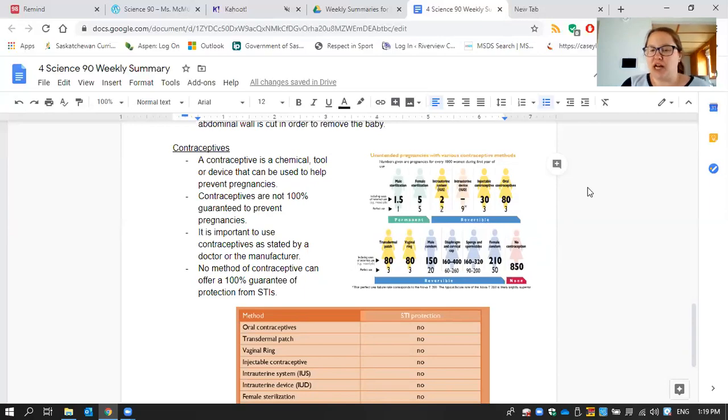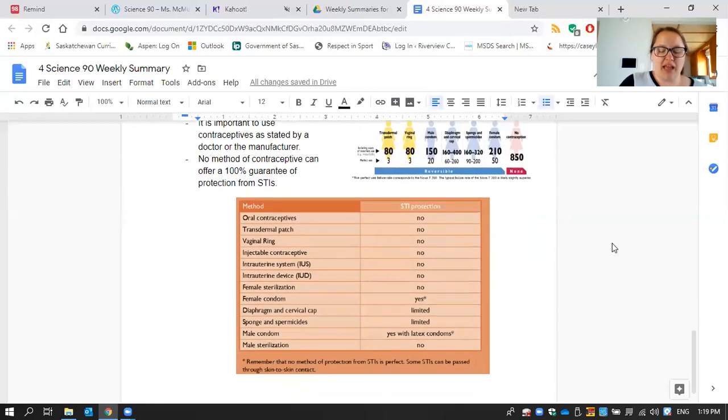Just like it's not 100% guaranteed to prevent pregnancies, the same thing goes with sexually transmitted infections, or STIs. This one here is once again just another little screenshot of the PowerPoint. As you see here, most of your contraceptives don't actually protect against STIs.